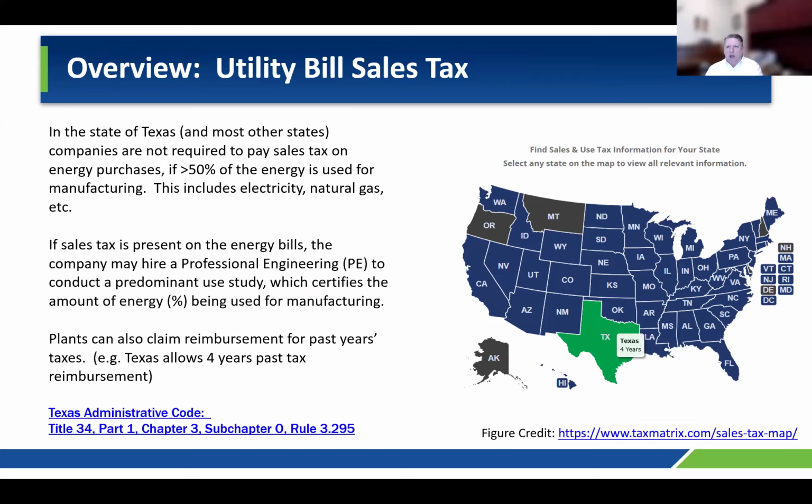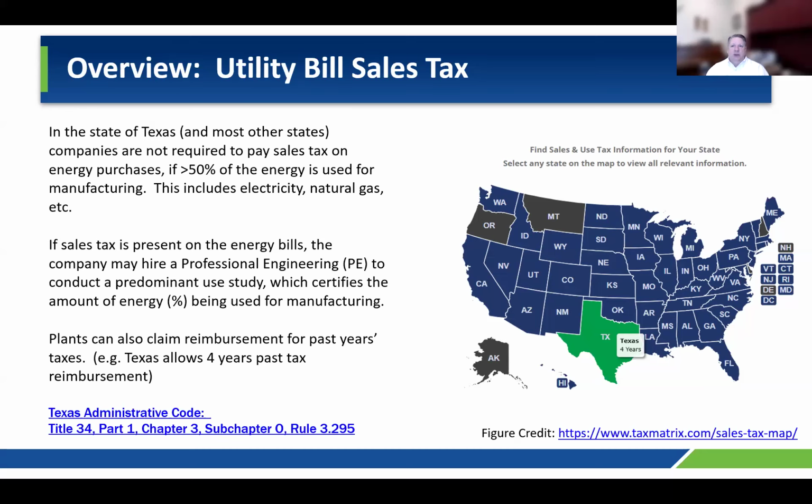Now, you're going to want to go to your state and find out exactly what the policies are, but this is fairly common in many states. And if sales tax is present on the bill, then the thing to do is to contract with a professional engineering firm that will conduct a predominant use study, which will then certify what percentage of your energy is being used for manufacturing.